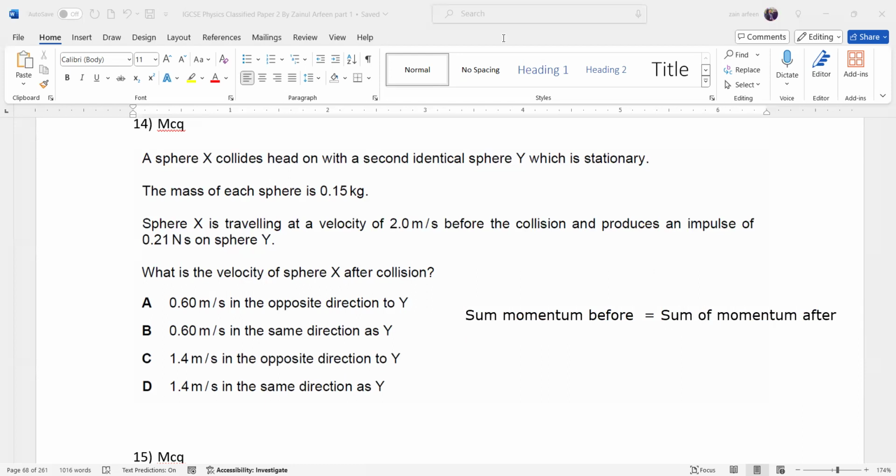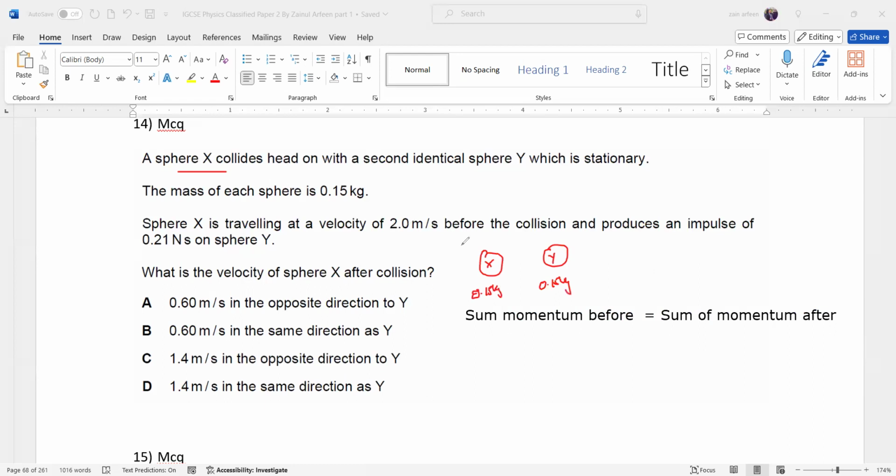In the question, a sphere X collided with a second identical sphere Y. So there is a sphere X and it collided with sphere Y. The mass of each sphere is 0.15 kg.